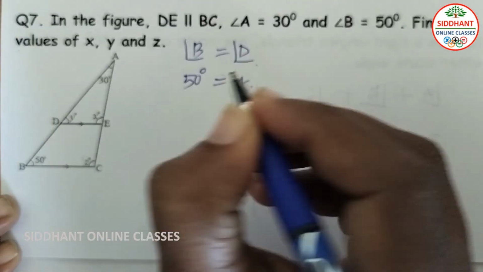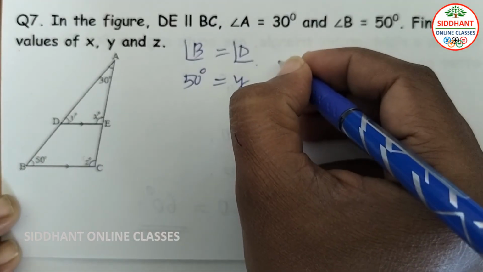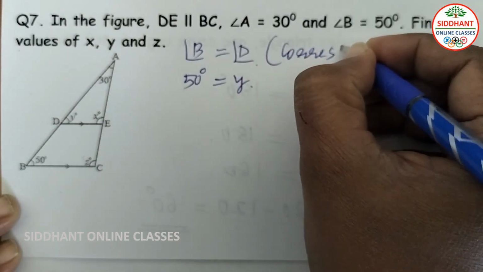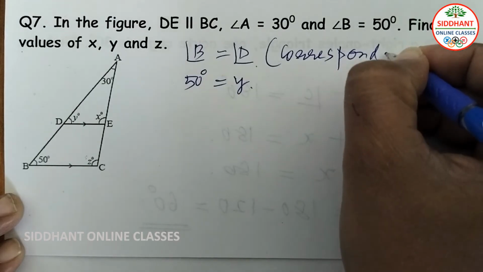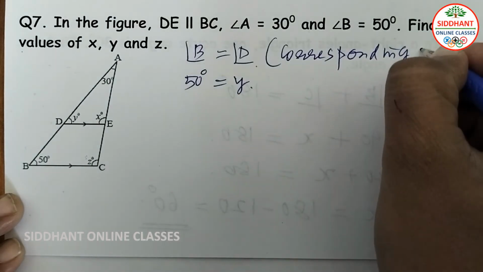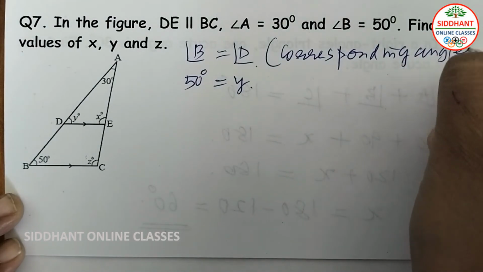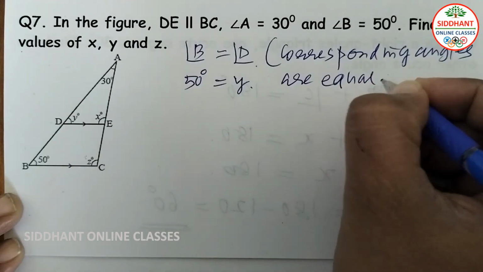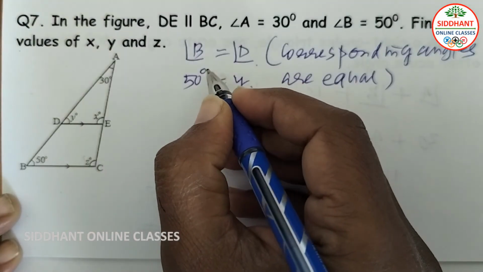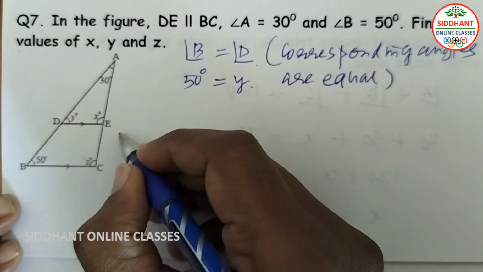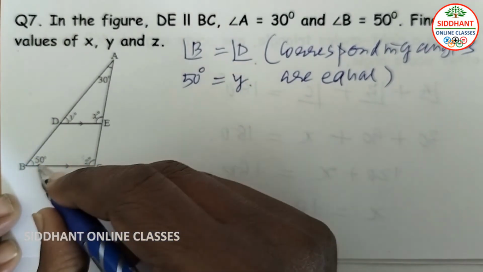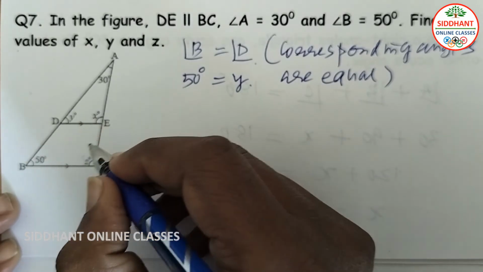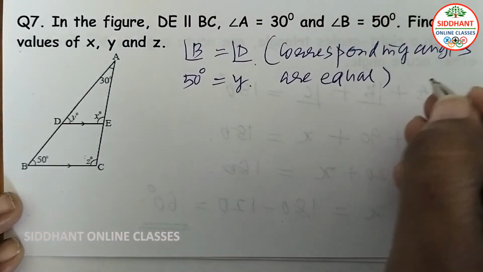So y is equal to 50 degrees, because corresponding angles are equal. The data given is DE parallel to BC, so angle B and angle D are corresponding angles, which are equal.